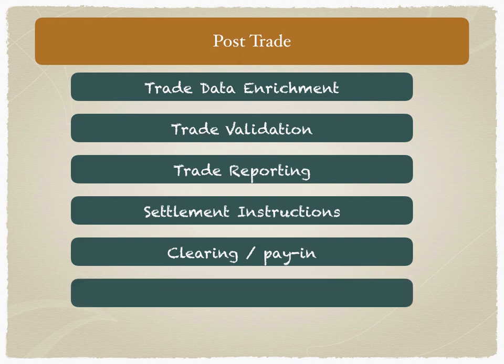This is called clearing. The stock exchange matches the pay-ins on a DVP basis, that's delivery versus payment, and then the settlement is made between the two STOs. The payout takes place. As I mentioned, these 6 to 7 steps will be explained in greater detail in another video.